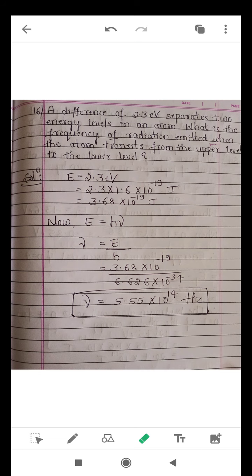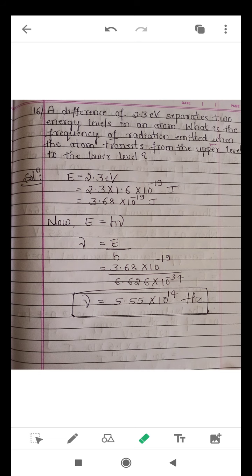So using this we need to calculate the frequency. So now we need to convert electron volt energy in terms of joules. To do that, we need to multiply 2.3 by 1.6 into 10 to the power minus 19 joules, so that electron volt energy is converted to joule energy.